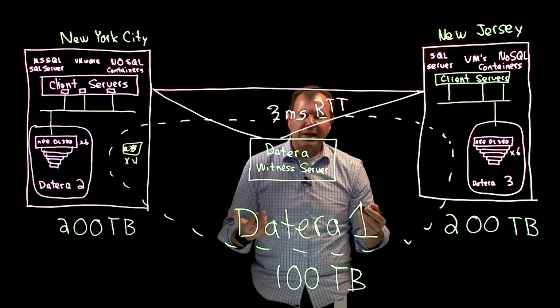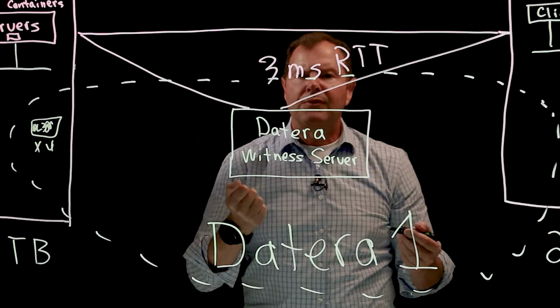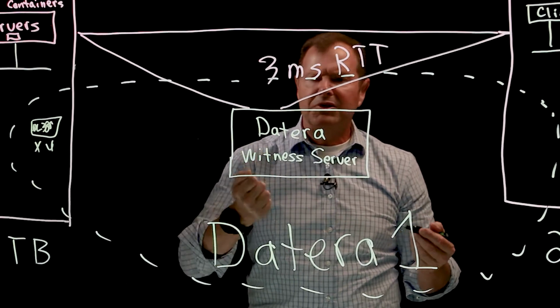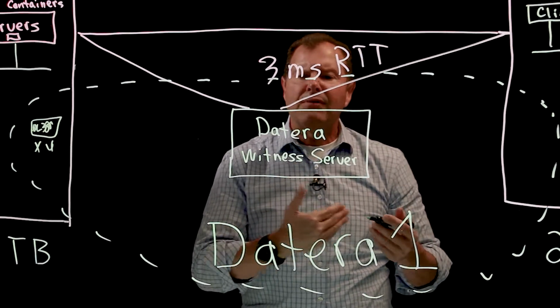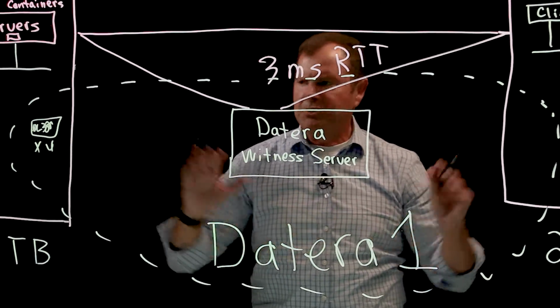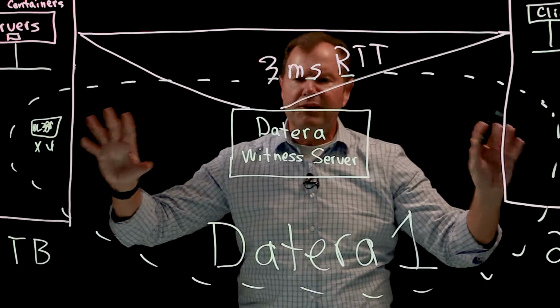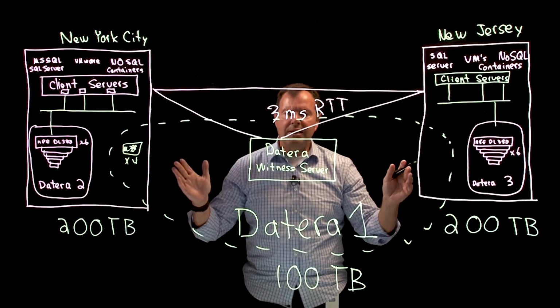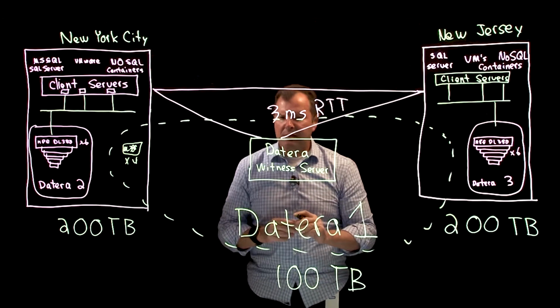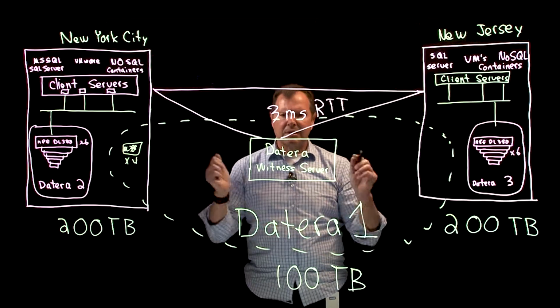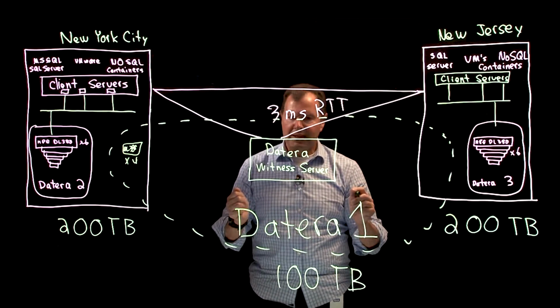Each of those DL380s, by the way, some have Optane media, others have NVMe, they even have hybrid with rotational drives. So the media can be very different. It can be heterogeneous on either side of the cluster. The key is the cluster itself is 100 terabytes.